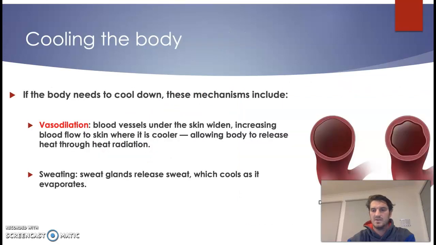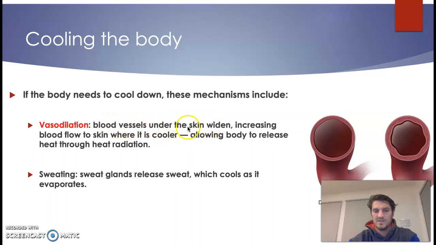Next slide is how do we cool the body? So the body needs to cool down if the temperature outside goes up and also when we do exercise because our body temperature rises as well. And the main thing we need you to understand is what vasodilation is. Now vasodilation, in terms of cooling, it occurs at the skin or close to the skin.